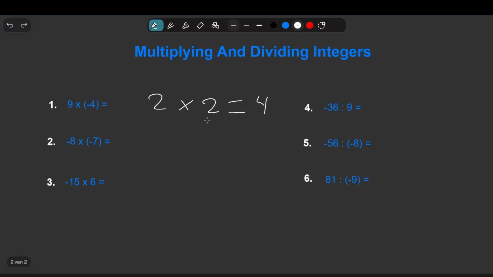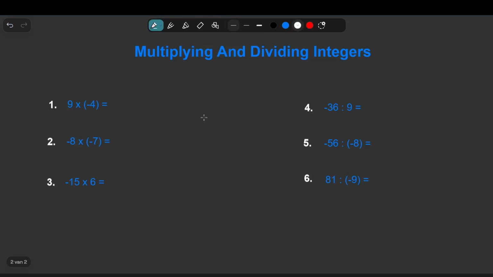As I just said, both numbers have the same sign, so your answer will always be positive. And a negative number times a negative number, so the exact same problem but with those two negative, and you will have the exact same answer. So don't forget this and just keep this in your head.